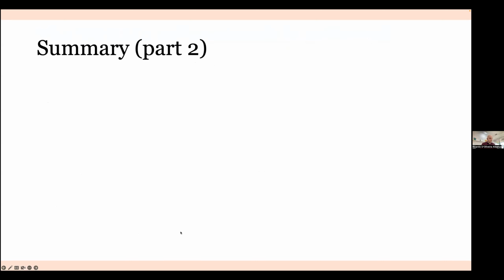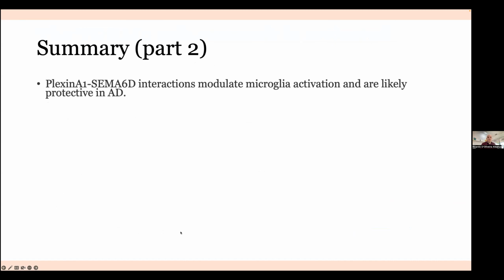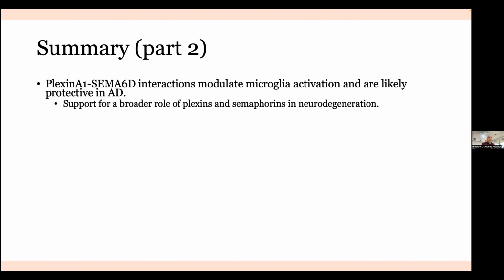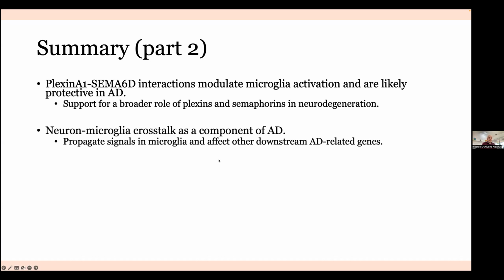So to wrap up, we are showing that plexin A1 and semaphorin 6D interactions modulate microglia activation and are likely protective in AD. And this provides broader support for the role of plexins and semaphorins in neurodegeneration.